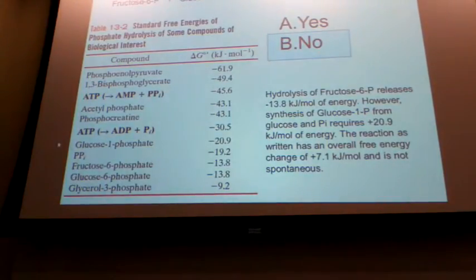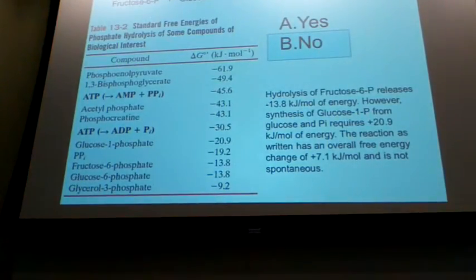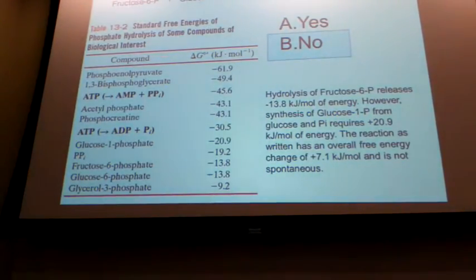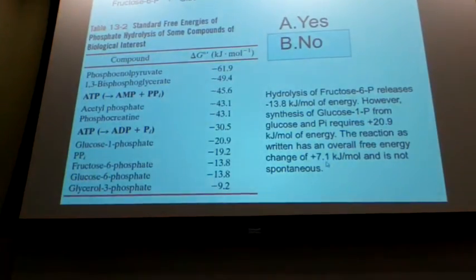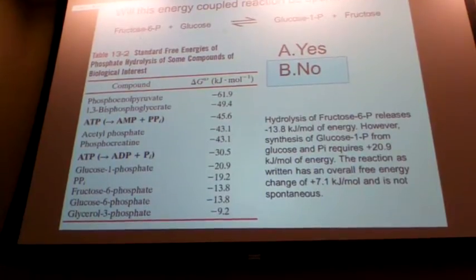So glucose 1-phosphate, which is our product, if we remove the phosphate group from that, we release 20.9, which means if we add a phosphate to the glucose, it's a positive 20.9. So positive 20.9 plus a negative 13.8 is positive overall, which means that as written, this is not spontaneous.